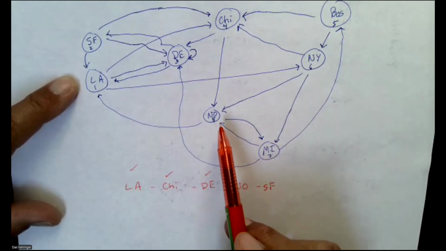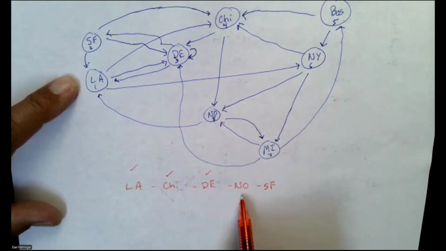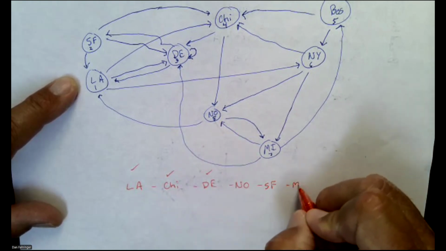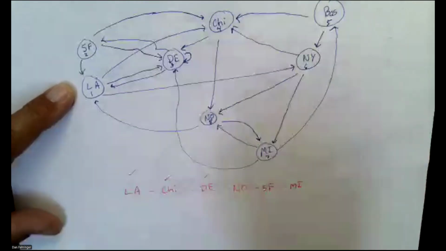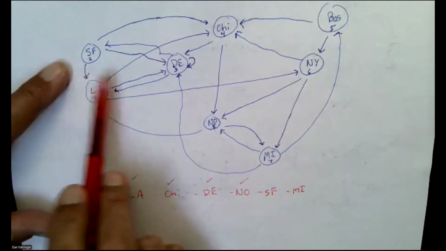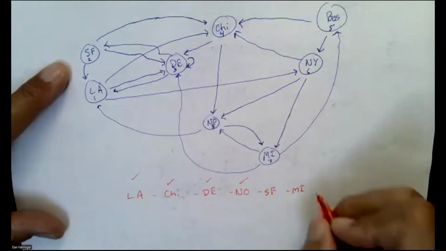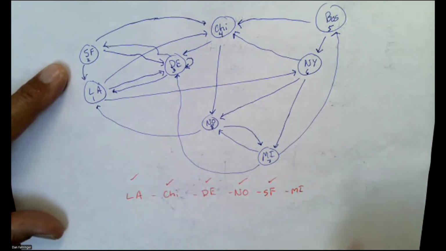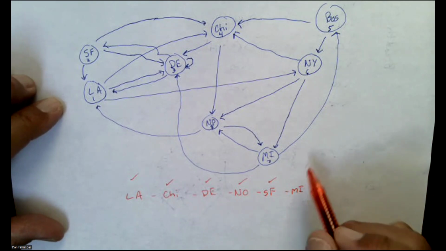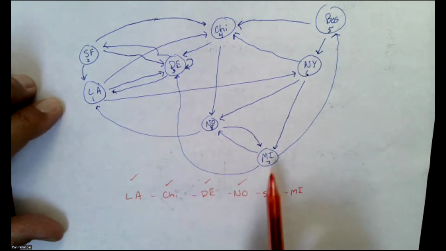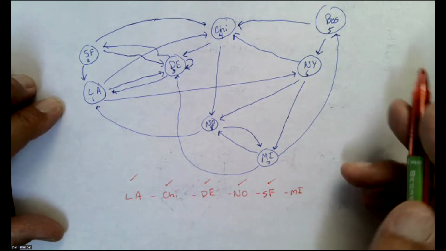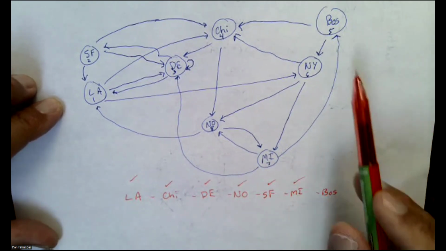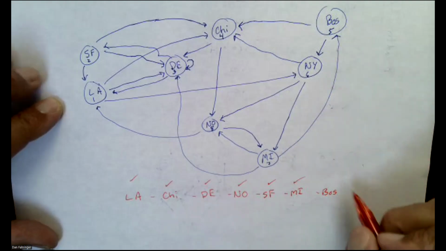New Orleans. New Orleans goes to LA, which we have, and it goes to Miami. San Fran goes to Denver. We already have that. It goes to Chicago. We already have that. Miami goes to Denver. We already have. To New Orleans. We already have. And it goes to Boston. Boston goes to Chicago and New York.